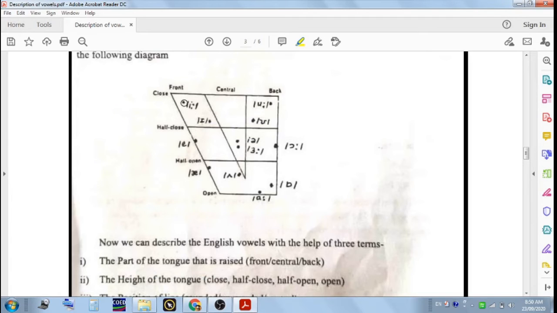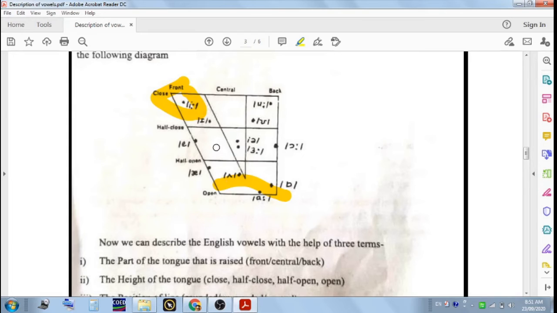See, so the long E is very close and front. See, the sound is at the center and it is open. Since the tongue is here, the mouth cavity is open. So this figure shows the graphical position of the vowels and their location in the mouth cavity.